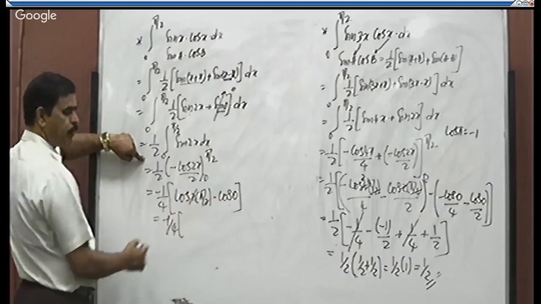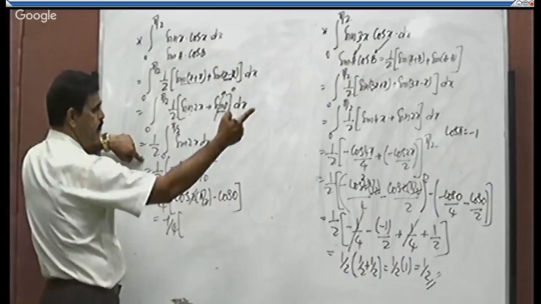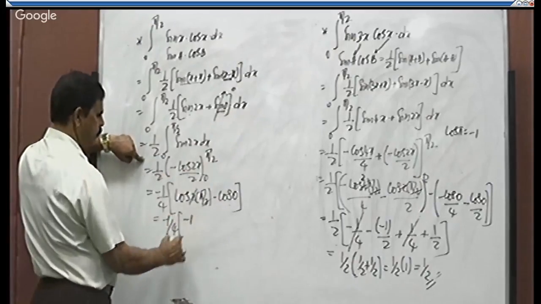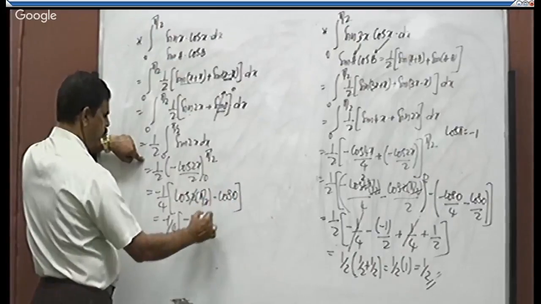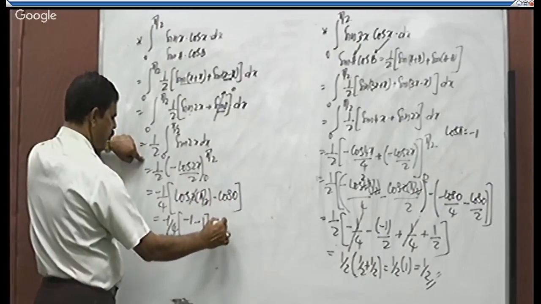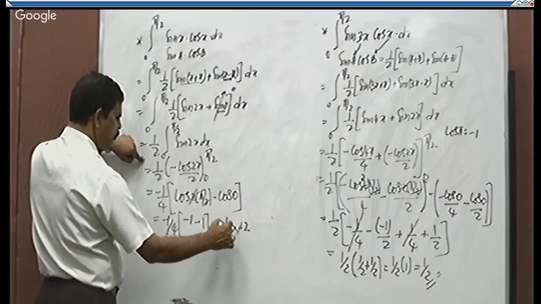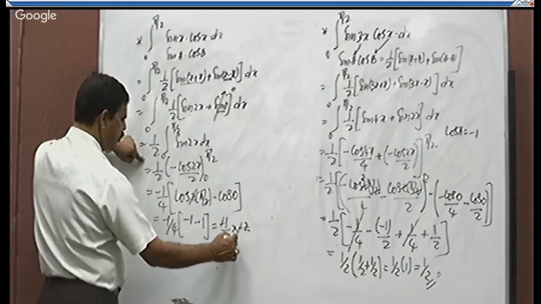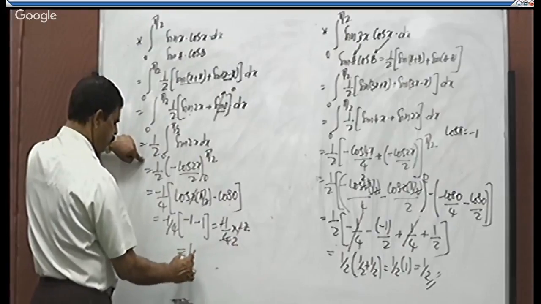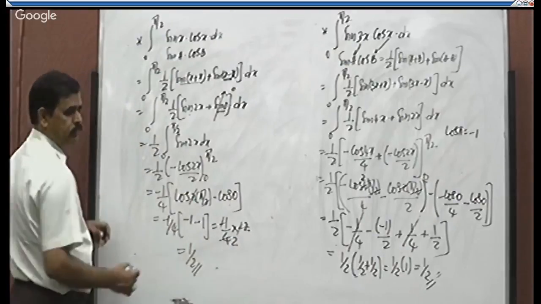Cos of pi, cos 180. Cos 180 is equal to minus 1. Minus cos 0 is 1. That is equal to minus 1 by 4 into minus 2. Minus minus cancel. 2 1 are 2, 2 are. So the answer is 1 divided by 4.